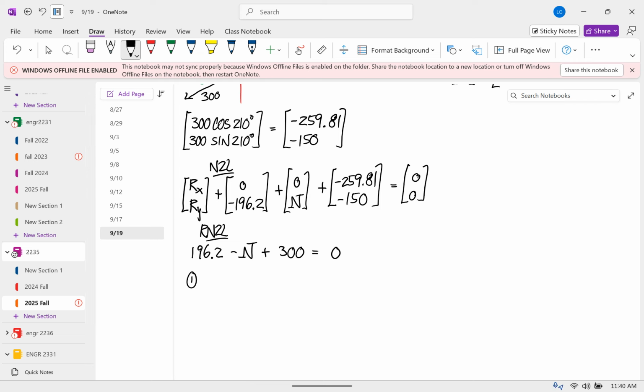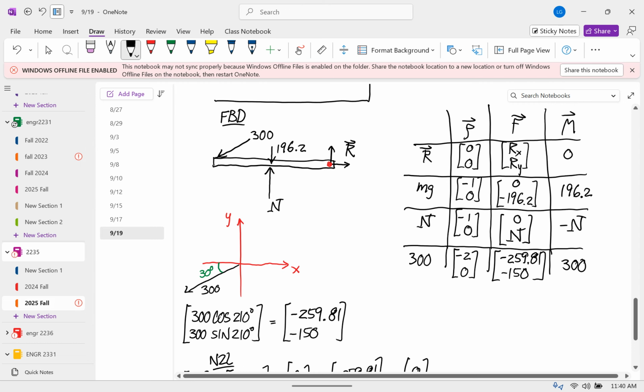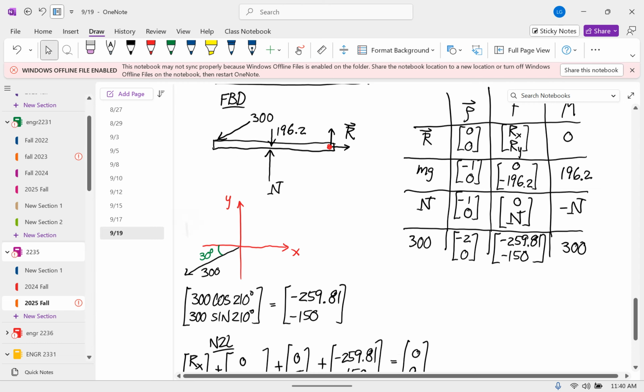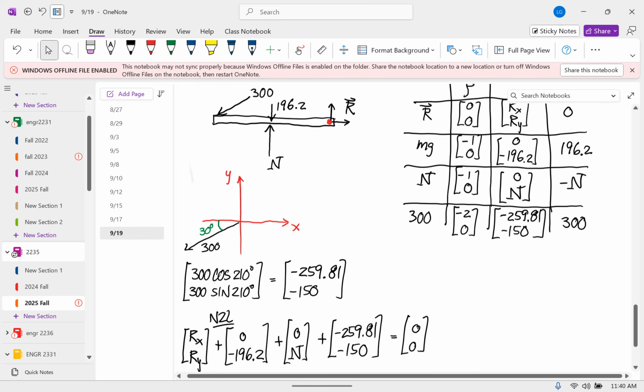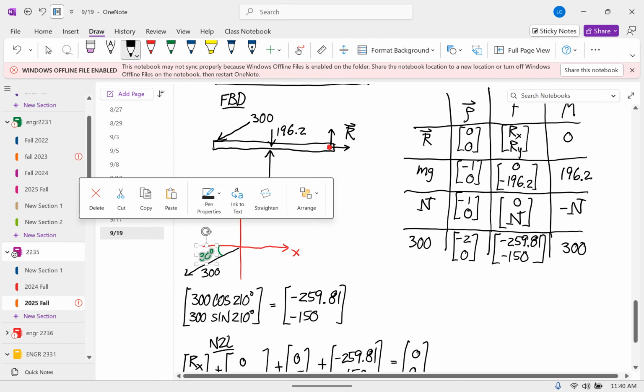So I'll write this as three equations. We have Rx is equal to 259.81. Ry plus N. How did you come up with the rotational Newton's second law equation? I just added up all the moments and set it equal to 0. The moments are those cross products that we got from that table.